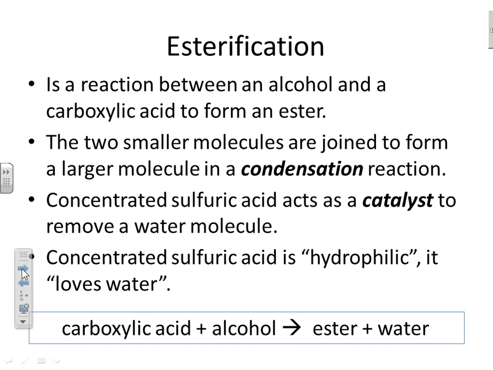Now, I know that condensation often deals with water vapor condensing, say on a window or on a mirror, but that's not why it's called that. When two small molecules join to make a big molecule, the bigger molecule tends to be a liquid.